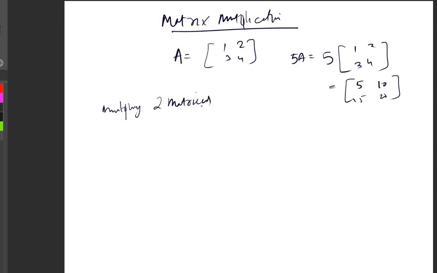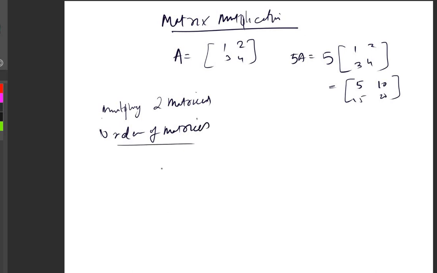Now, there are certain rules or preconditions that have to be satisfied before the matrices can be multiplied with each other. Let's understand what that is. The most important one is the order of matrices.